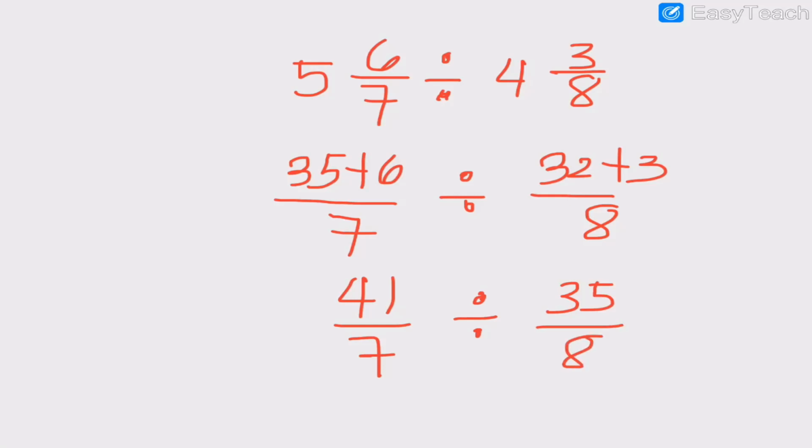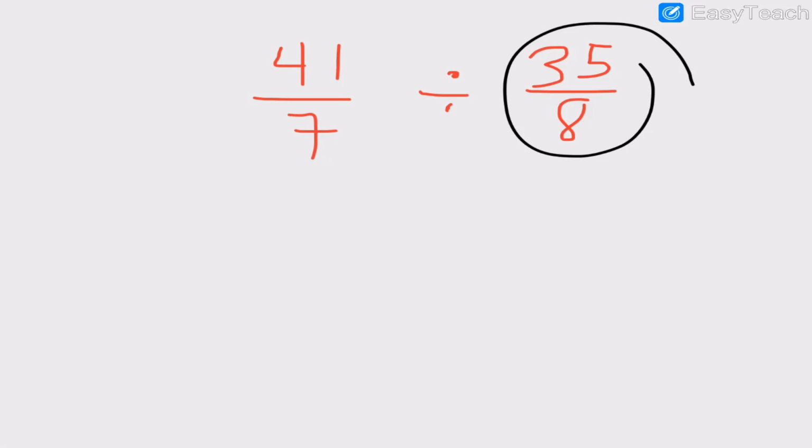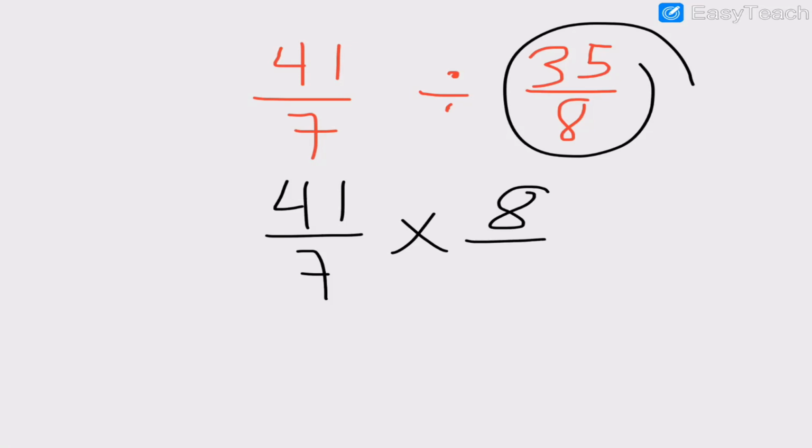Next, 41 over 7 divided by 35 over 8. What we must do is reciprocate the second fraction. Therefore, this is 41 over 7 multiplied by 8 over 35.